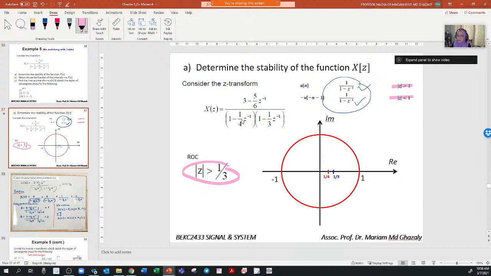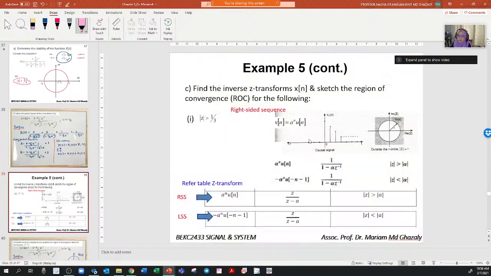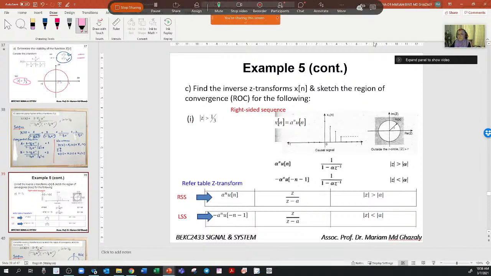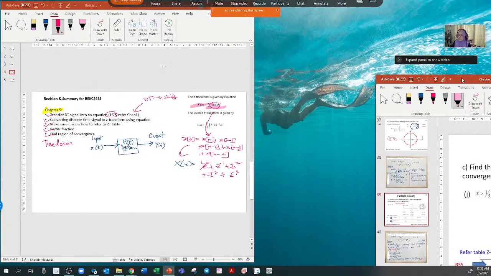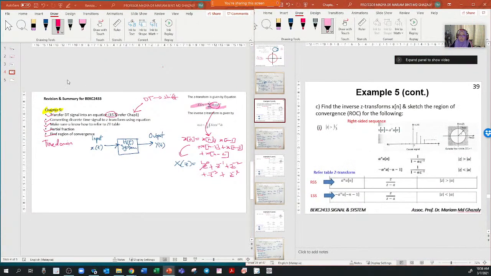That's why when you plot it out, you have 1/4 and 1/3. For this case, your answer is you need to draw out the region of convergence. So go through this one. I think in the video it's much more detailed because this is a static slide. So go to the video that I shared and watch it. Okay, so that will be the summary for chapter 5.